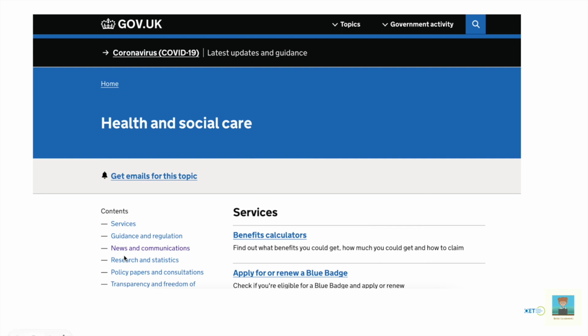But there's also news and communications, and that's what's going to tell you any updates. And again, that's quite similar to the OET. Because remember, in the OET, they're going to be testing you on your everyday skills that you need at work. And quite often, you get emailed about some kind of update. So have a look on the gov.uk website.